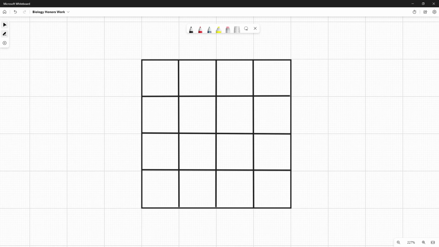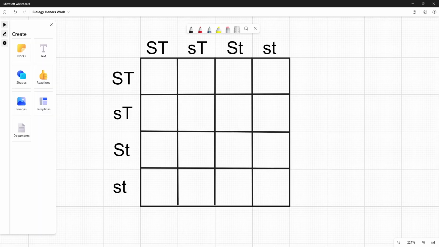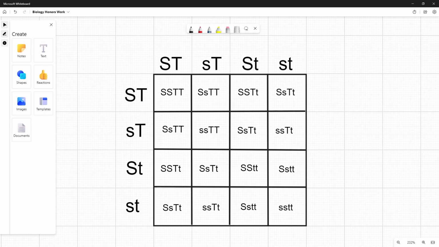Then we fill in the top and side with all possible combinations of the two traits for each parent, like so. Since both parents are heterozygous for both traits, they both have the genotype SsTt. Just like the last time, we fill in the inside with the combination of the two parents. Done. Now we count the different possible appearances of the offspring.